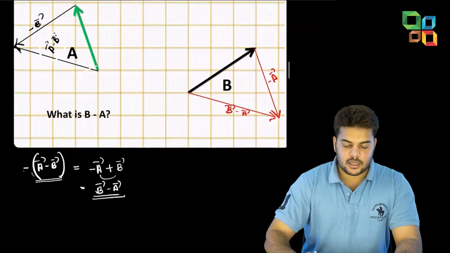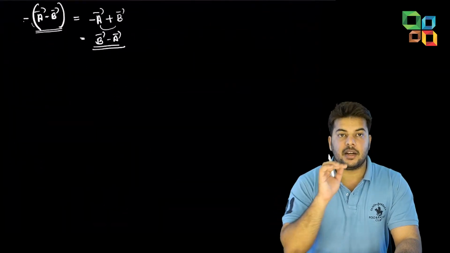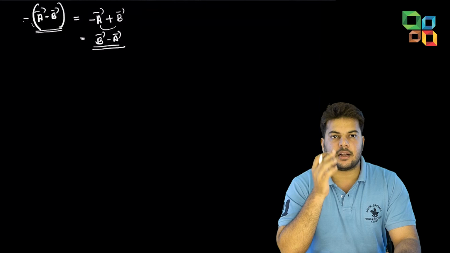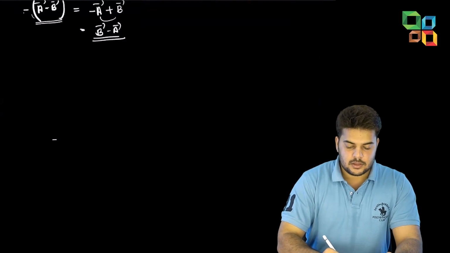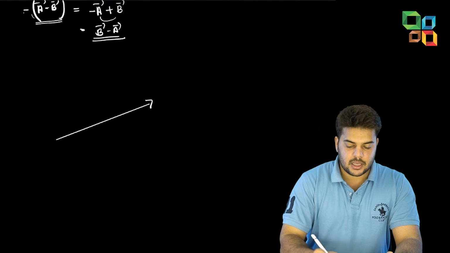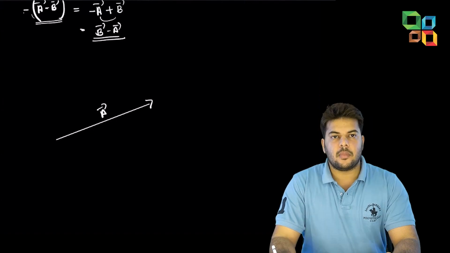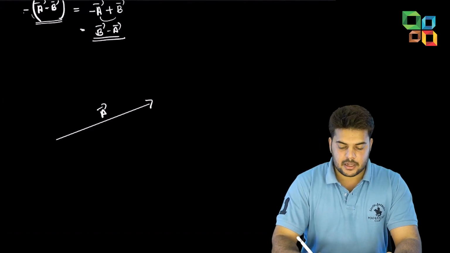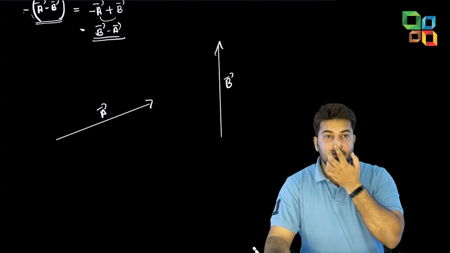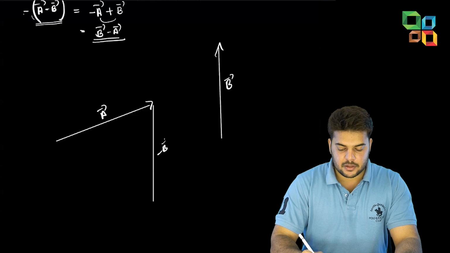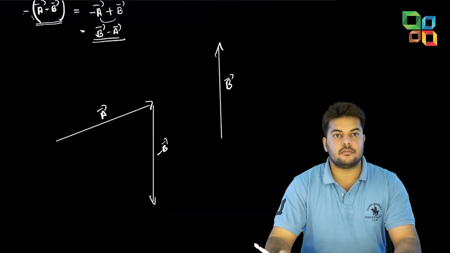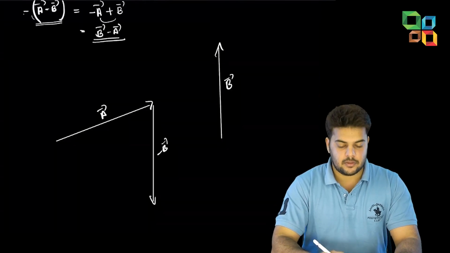There is one more answer that I could give you, but I'm afraid I'll end up confusing you, but I'll try it anyway. Okay, so suppose I take the A vector. This is my A vector. Okay, and let's say B vector is something like this. Here's B vector. What is A minus B now? A minus B would be, I have to flip the B vector and add it, isn't it? This is the rule that I gave you.